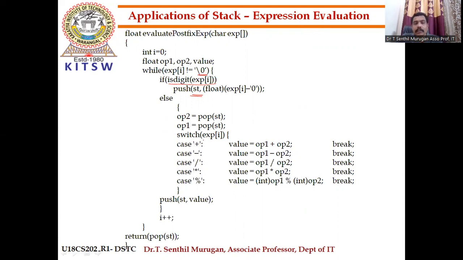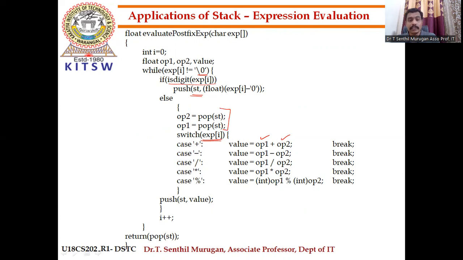If it is not a digit, it may be any one of the operators. The operators are given as cases. If it encounters a plus symbol, it will perform operand 1 plus operand 2. In the previous example I told second operand with first operand, but how are we popping it here?